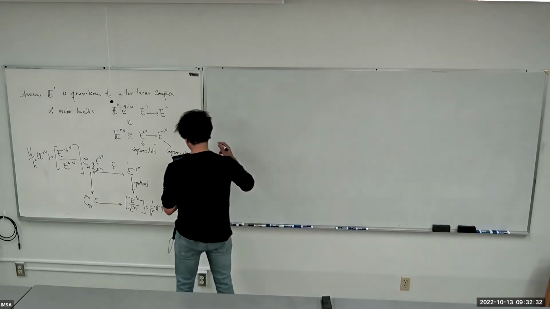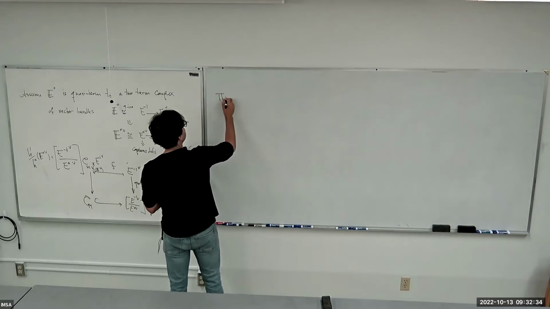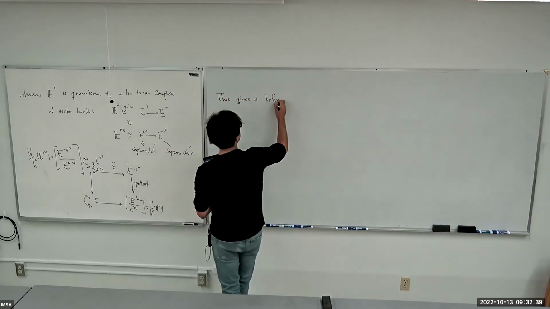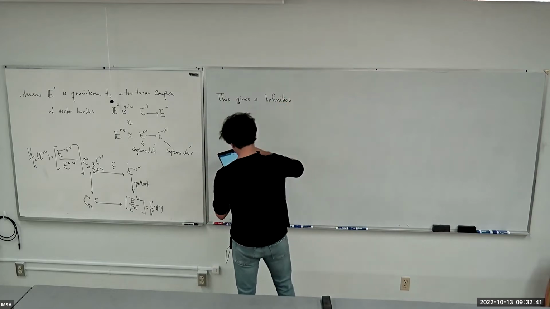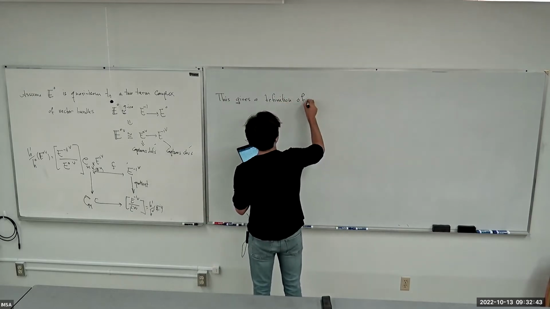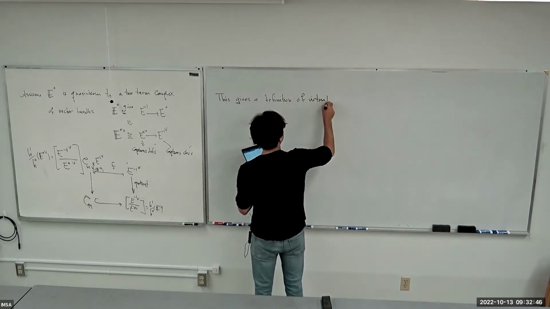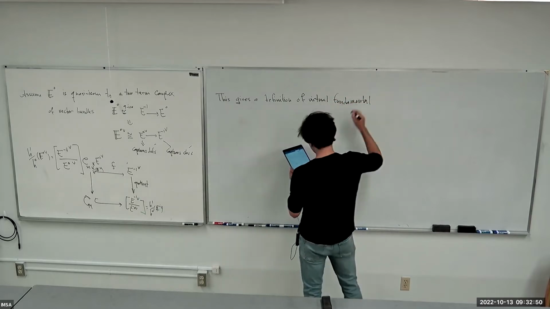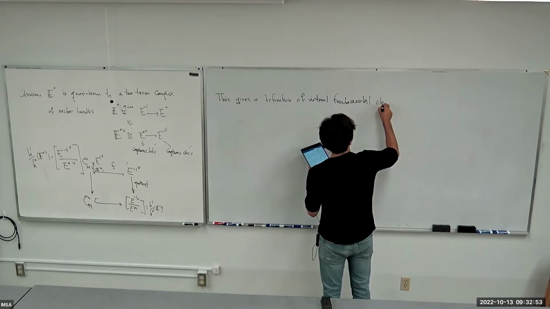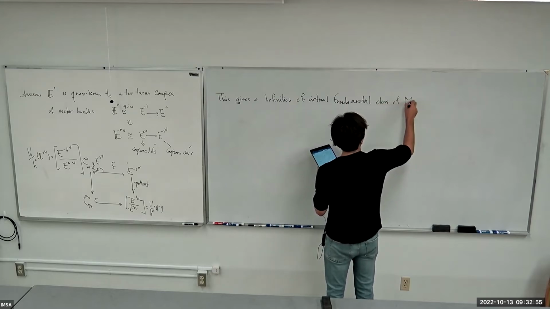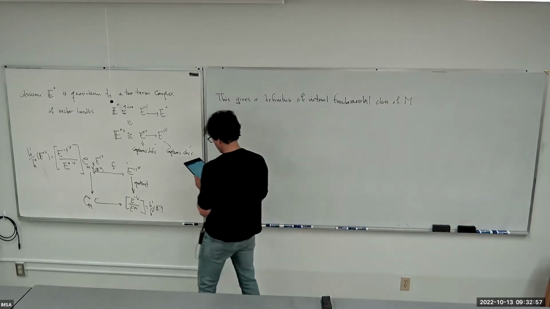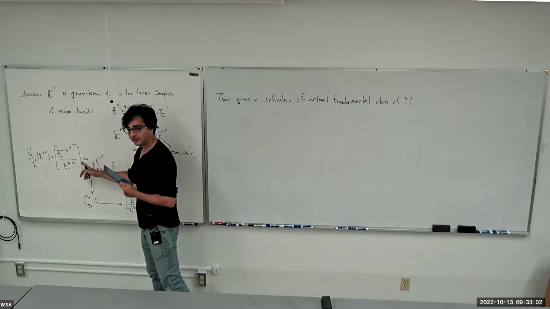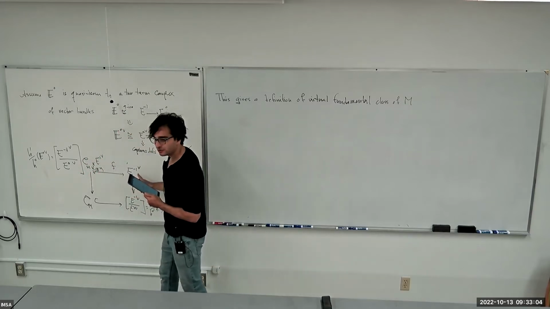If I call that F, then this gives a definition of the virtual fundamental class of M as the following. So I need to intersect this with the 0 section of the obstruction bundle.